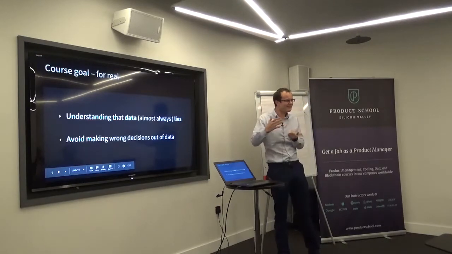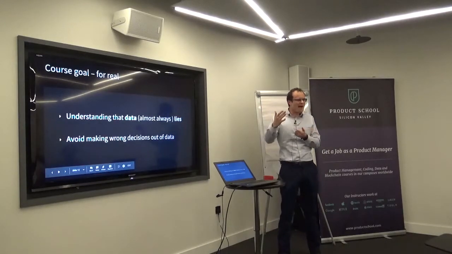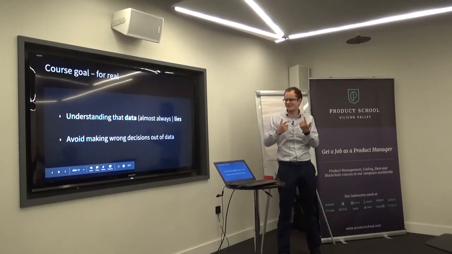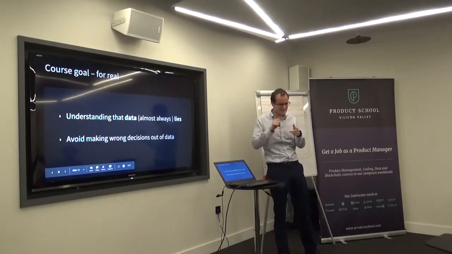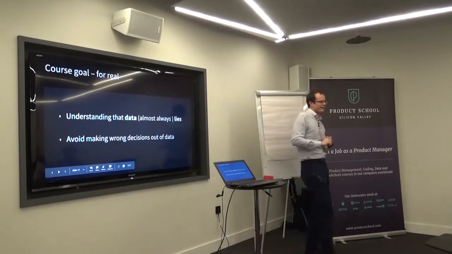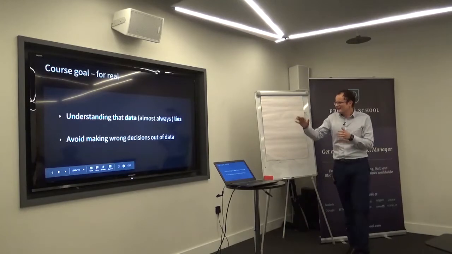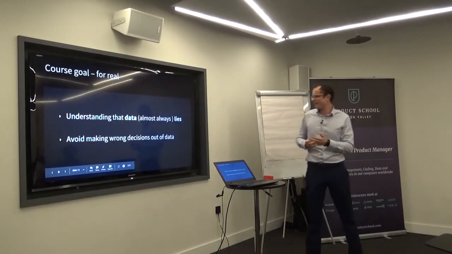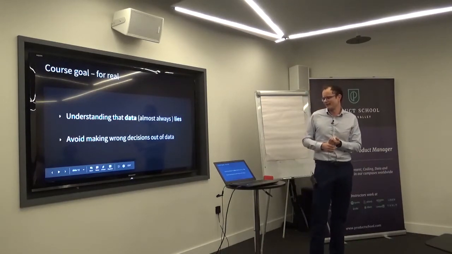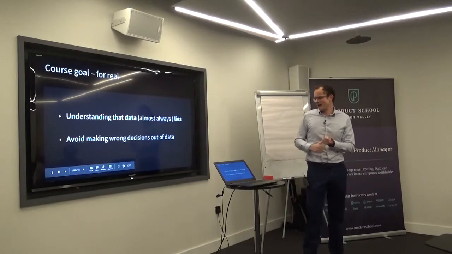This could be that your manager is trying to make a decision, viewing a report, and maybe you see the data and you can say, no, but listen, there is something that really doesn't make sense here. So this is much easier, and hopefully I can give a few flavors of that.